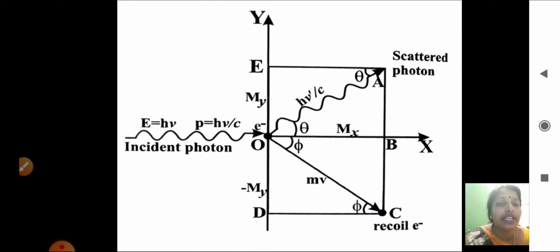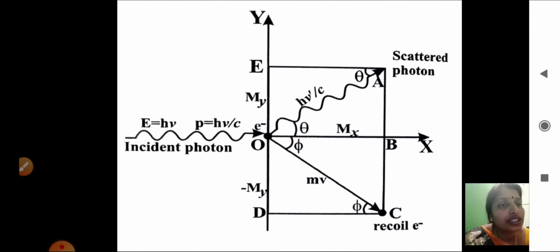This is the x component, P equal to h nu by c. For the electron at rest, not moving, velocity is 0, so its momentum equals 0.